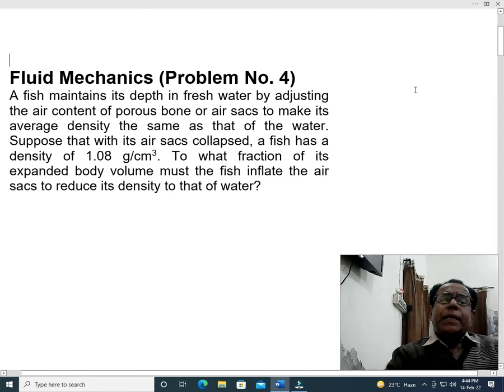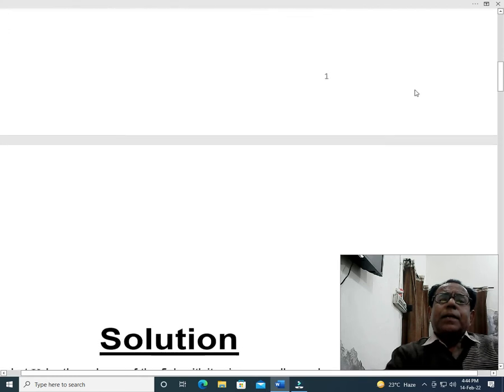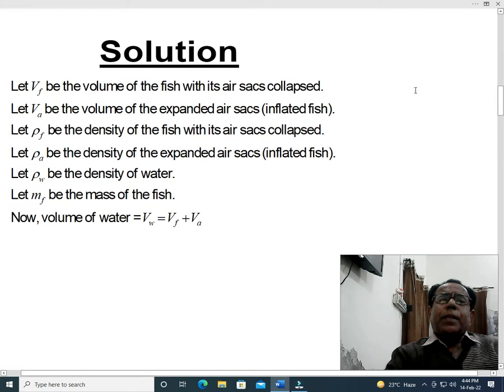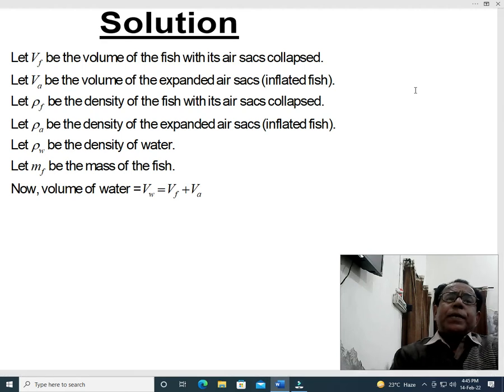Okay, we fix several quantities by some alphabetical arrangement. Let Vf, where f is written as a subscript of V, stand for volume. Let Vf be the volume of the fish with its air sacs collapsed.